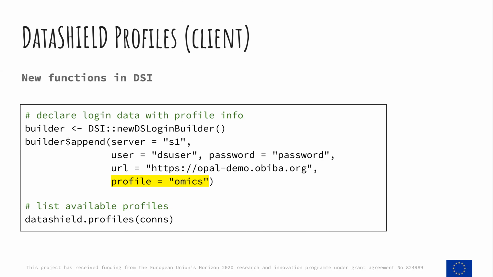So it's not necessary to have it, but if you can specify one, it will route your request to the right R server. And you can also list the profiles available in each of the DataSHIELD nodes with the function datashield.profiles.